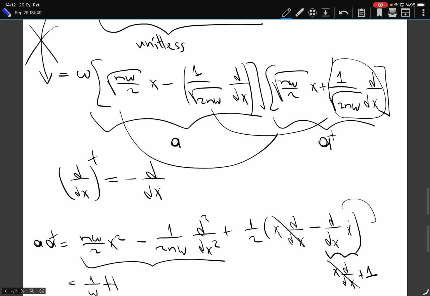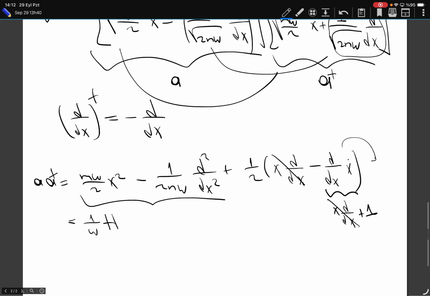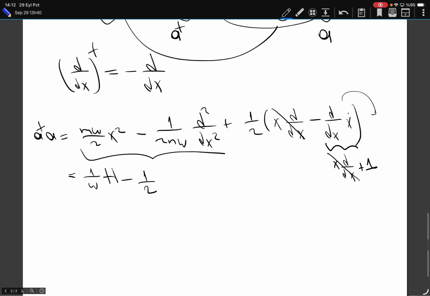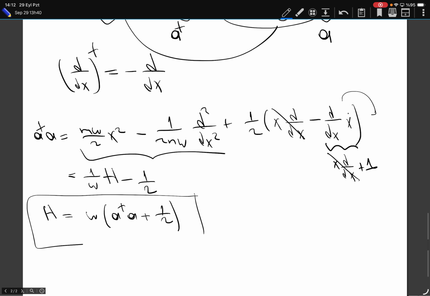Those two will cancel, so I will have minus 1 over 2. Oh, sorry, the other choice was correct. So H is just omega times A dagger A plus 1 over 2. This is the correct form.